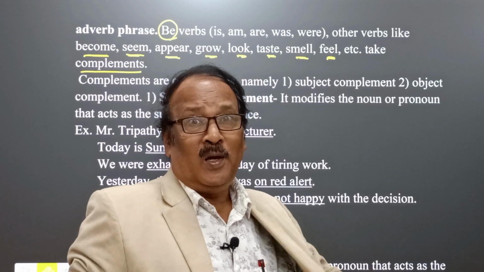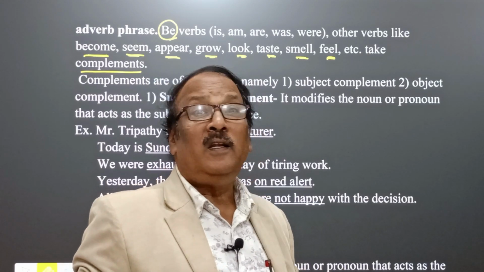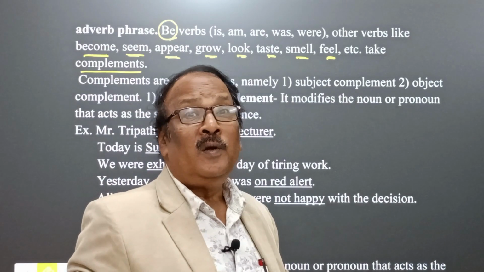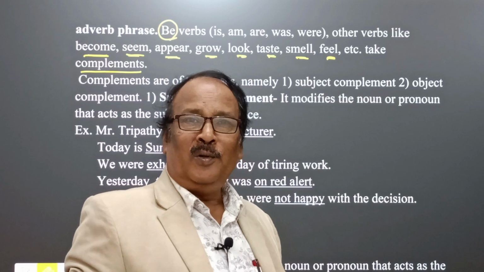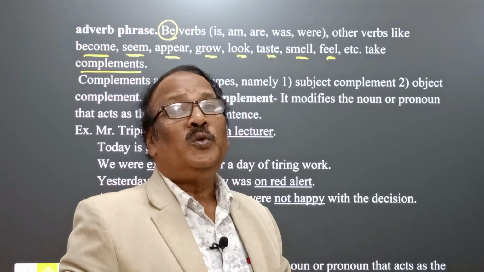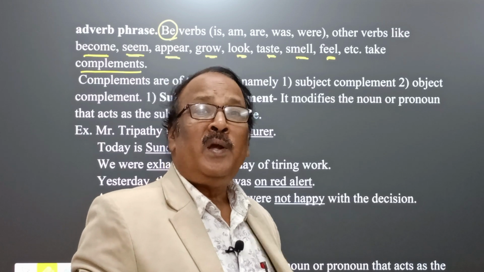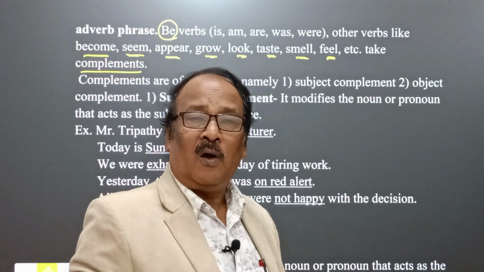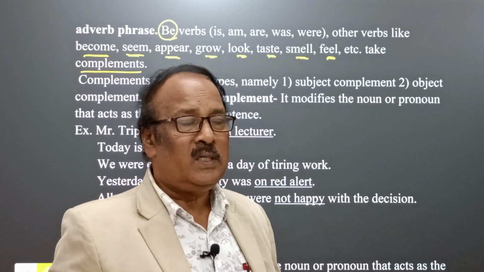We cannot remove it from the sentence because it is a complement of the noun this mango. This mango smells how? Sweet. Sweet is an adjective and sweet is the complement. And this complement, sweet, cannot be removed from the sentence.